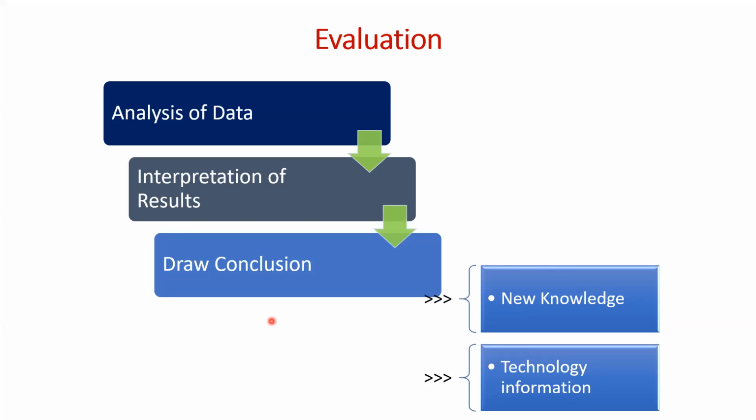So that is the new knowledge we get from the pure research. And from applied research, we get some technology information. So if you can collect data and evaluate data, when we say analysis of data, there are a lot of things in that.